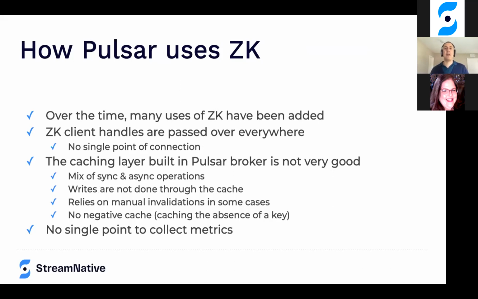And then we kept adding more and more usages of Zookeeper. Eventually, organically over time, access to Zookeeper has spread across most of the components in Pulsar, but without a single centralized way to access Zookeeper.